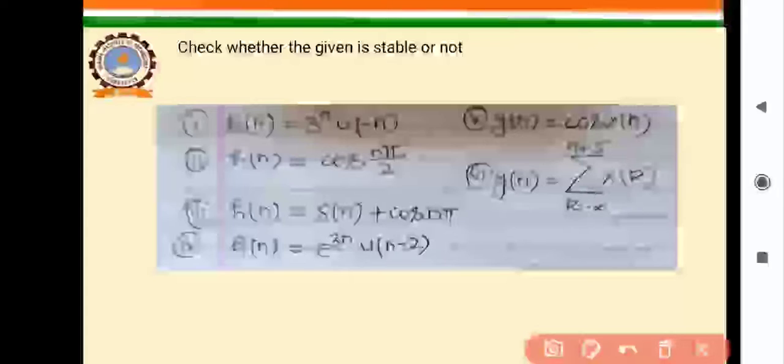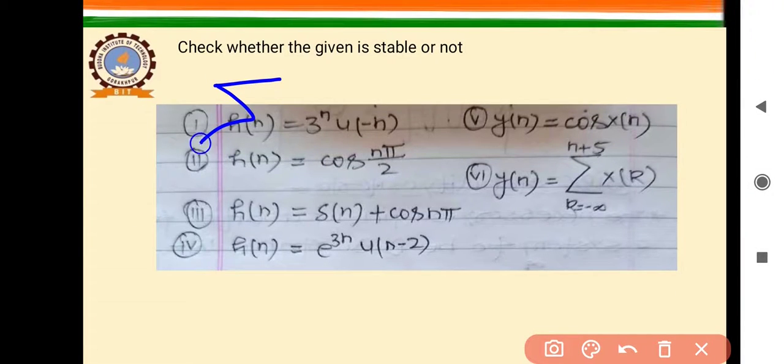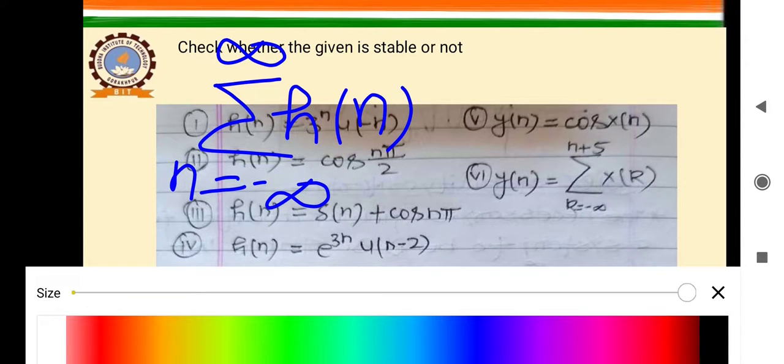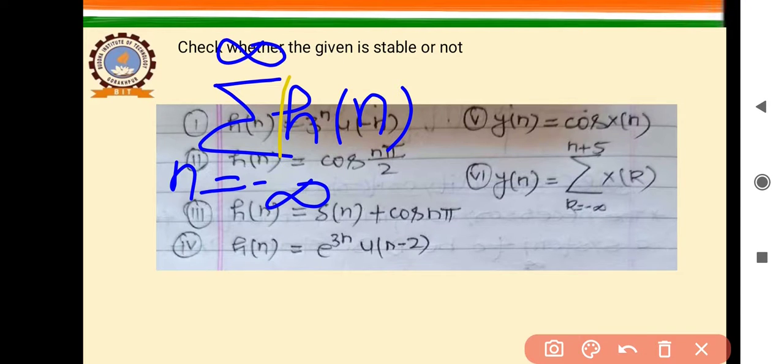So if the impulse response of the system is given, we can apply the BIBO criterion, and there is a relation. If the impulse response h[n] of the system is given, then the summation, where n is from minus infinity to plus infinity, of modulus of h[n], remember this term, modulus of h[n], should have a finite value.